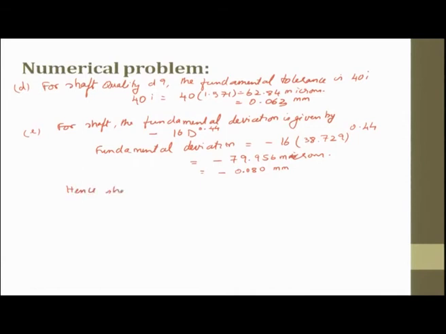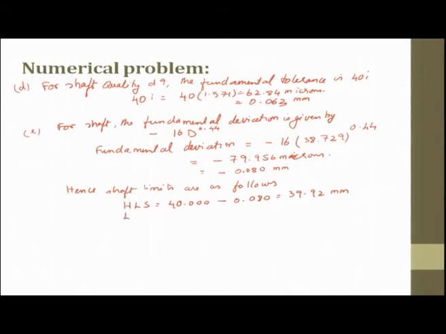Hence, the shaft limits are as follows. What are they? The upper limit of the shaft is nothing but 40.000 minus 0.080, which is 39.92 millimeter.